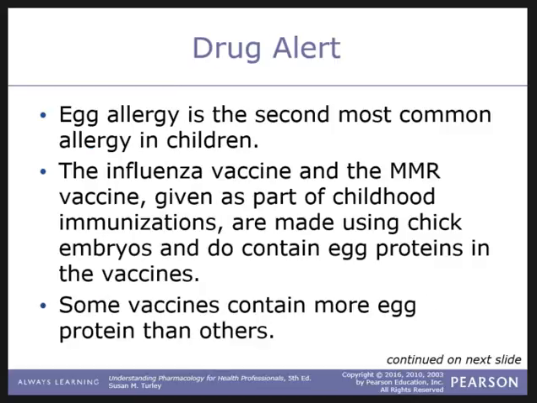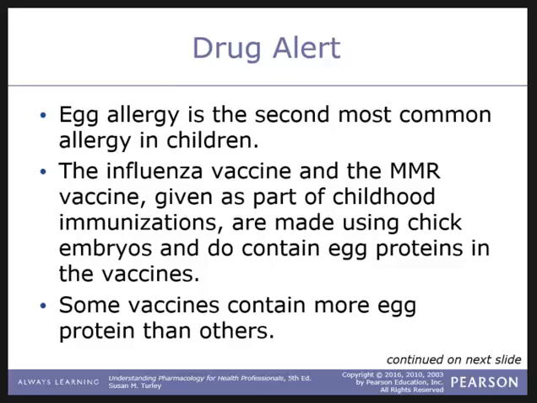A concern with vaccines is allergic sensitivity, and allergic sensitivity to egg is one of the most common components to be concerned with. Many kids are allergic to eggs, although most children outgrow this about the age of 5.